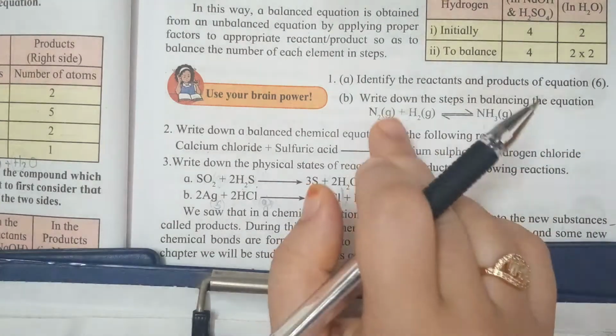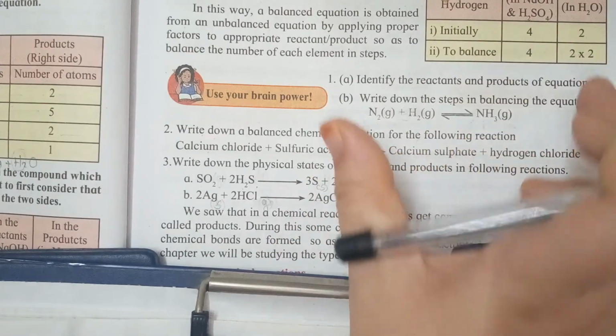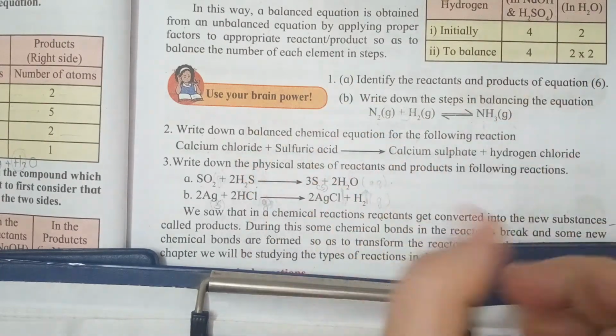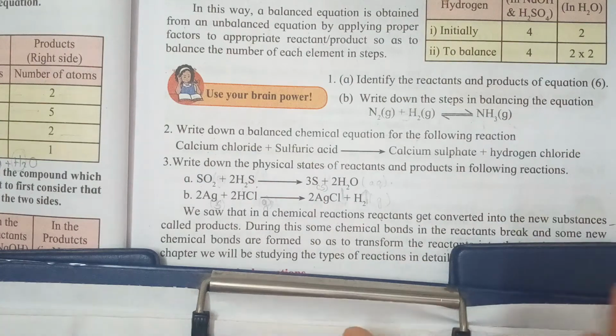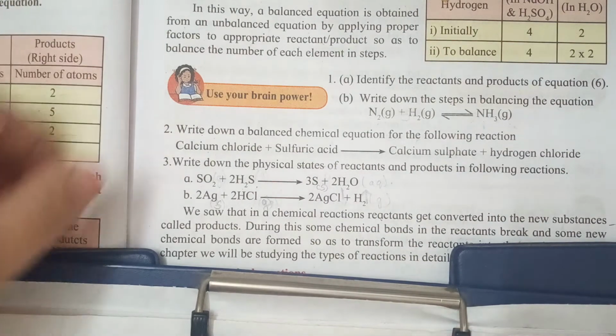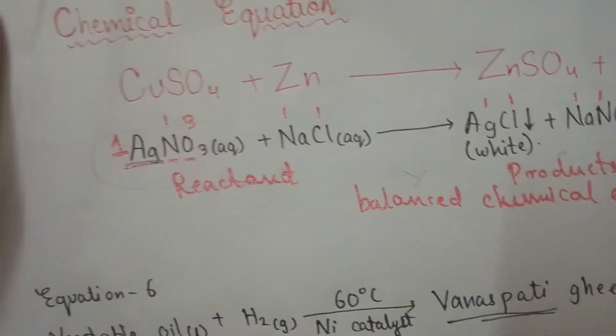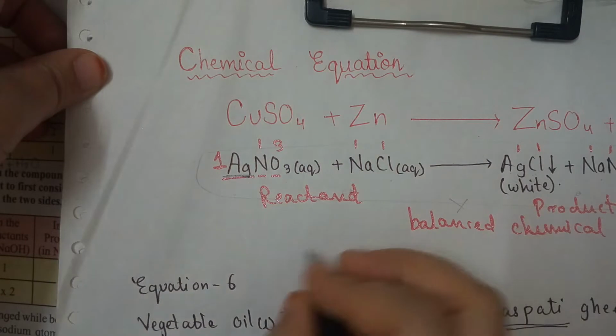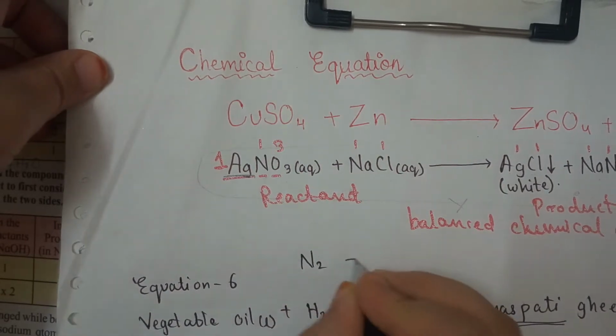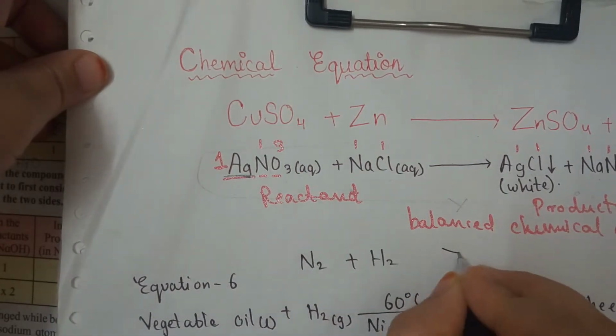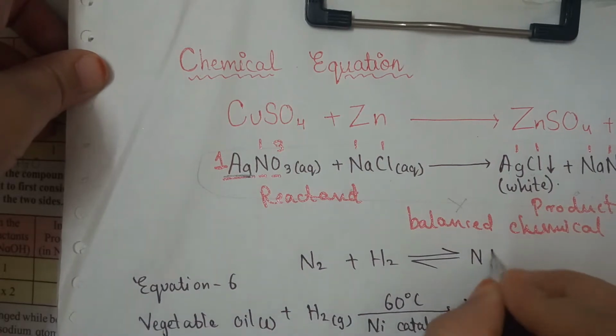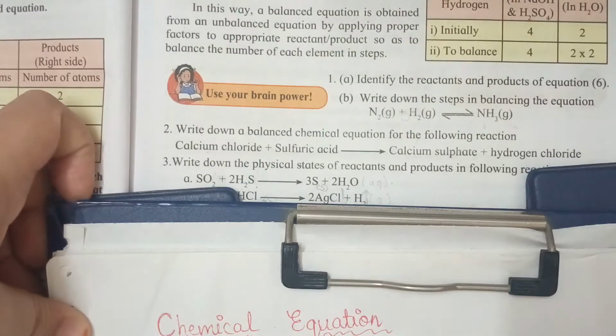So this equation is unbalanced and you, student, have to write all the steps to balance the chemical equation. Just to give you an idea, N2 plus H2 gives us ammonia, that is NH3.